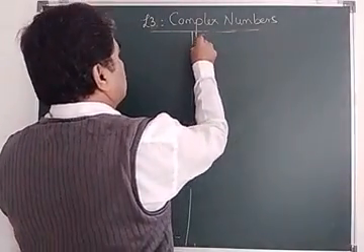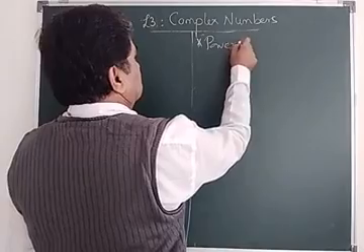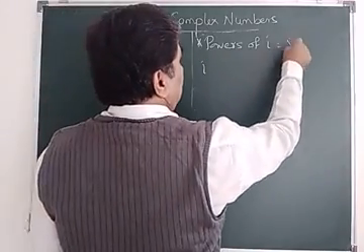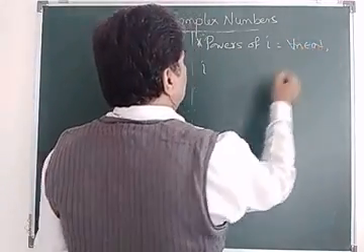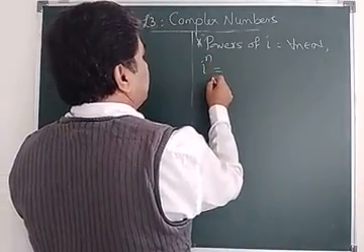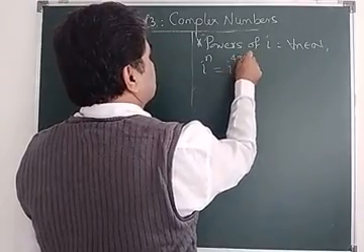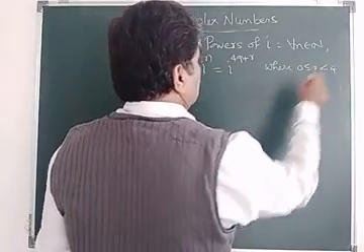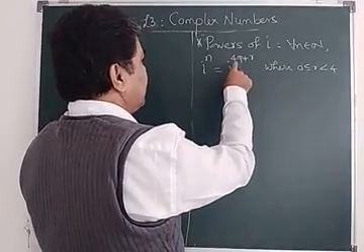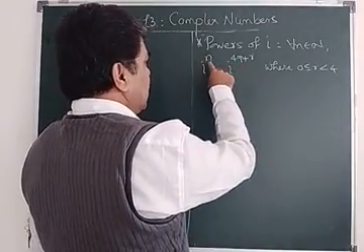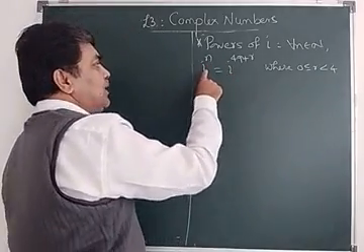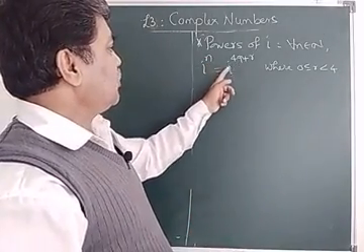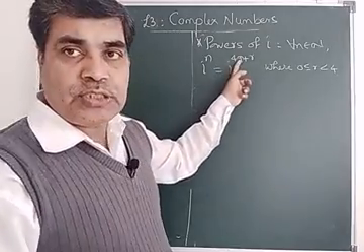Yesterday I also explained powers of i. i raised to n for any n belongs to N. If I divide n by 4, it becomes 4q plus r, where 0 is less than or equal to r less than 4, r is the remainder. Applying the division algorithm, if I divide any positive integer n by another positive integer 4, I will get some quotient and some remainder.